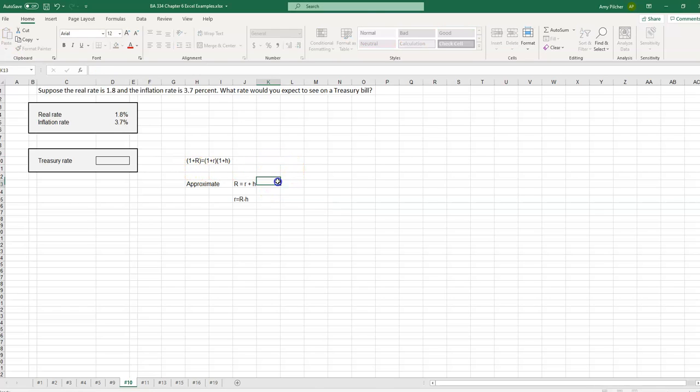So our formula is the real rate equals 1 plus the nominal rate divided by 1 plus inflation, minus 1. If we rearrange to get the nominal rate by itself, the treasury rate or the nominal rate equals 1 plus the real rate times 1 plus inflation, minus 1.